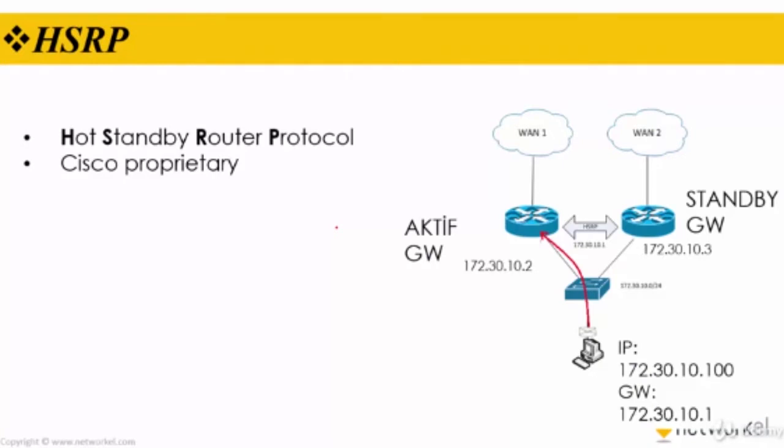Hot Standby Router Protocol, HSRP, is a routing protocol that allows host computers on the internet to use multiple routers that act as a single virtual router, maintaining the connectivity even if the first hop router fails, because other routers are on standby and they are ready to go.